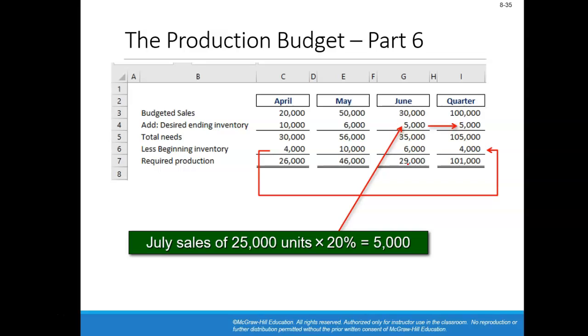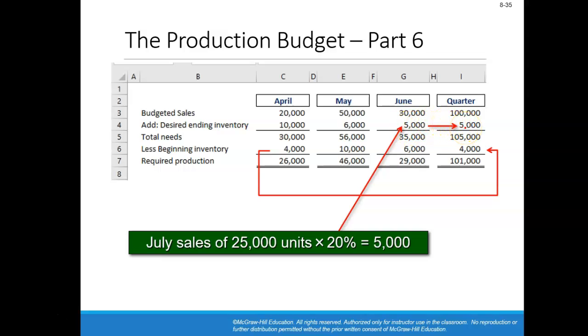Okay, now let's put it all together for the entire quarter. For the entire quarter, we expect to sell a total of 100,000 units. Your desired ending inventory for the quarter, you look at the last month, is 5,000 units.